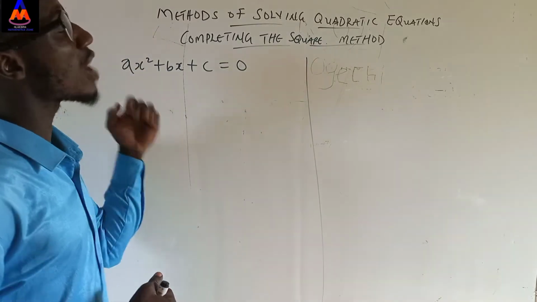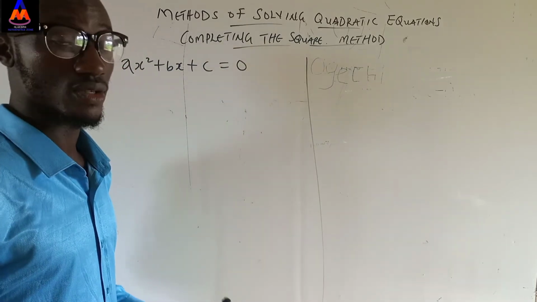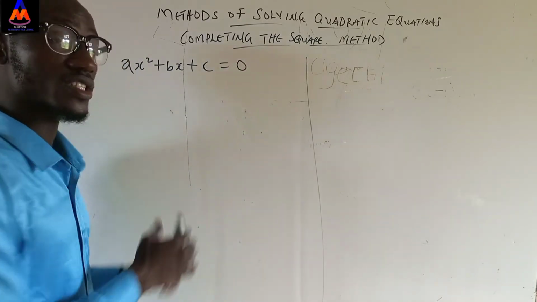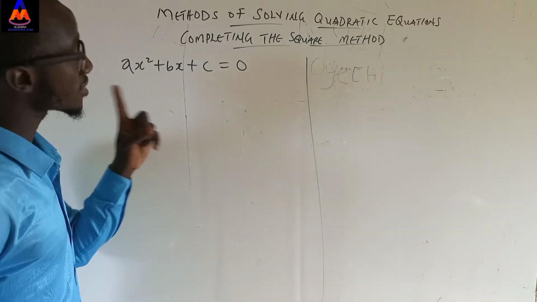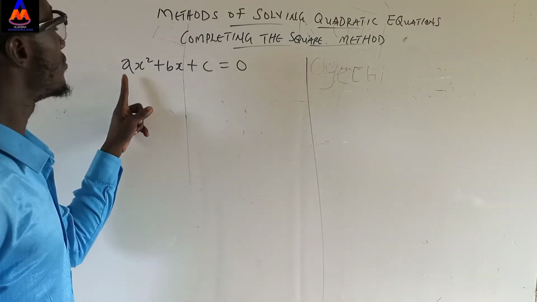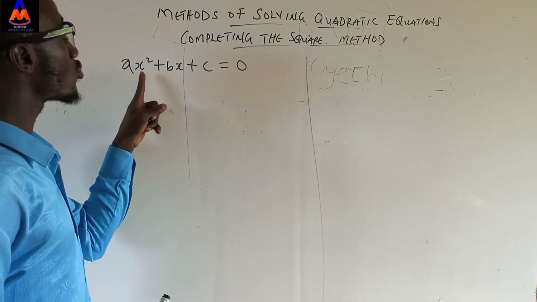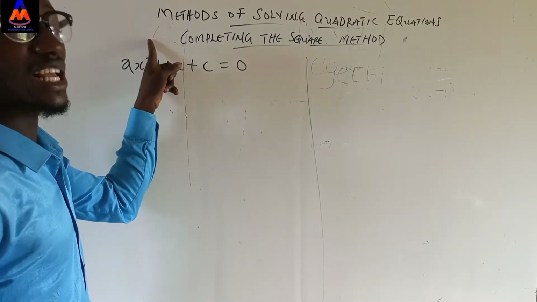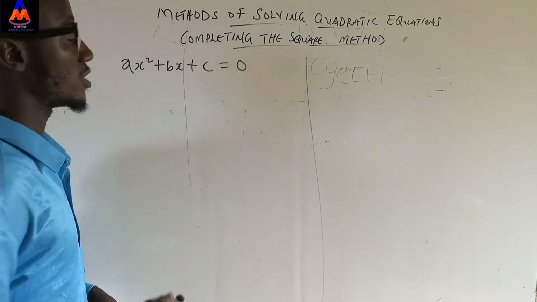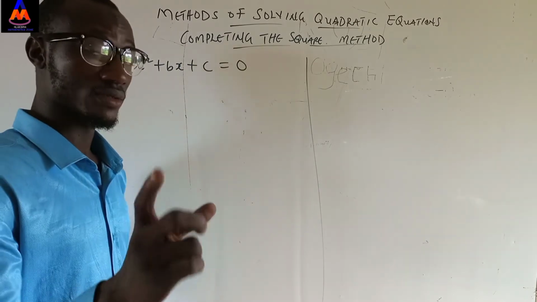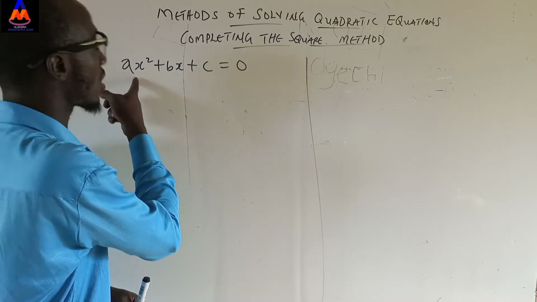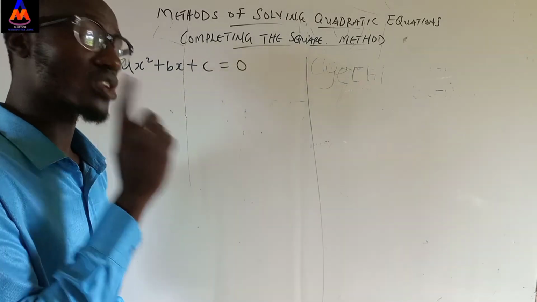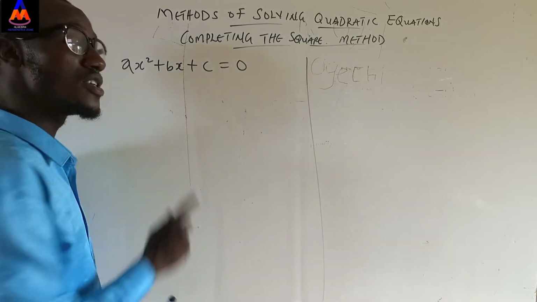If you are to use the completing the square method to solve any quadratic equation, there are some steps that you have to follow. The first step is to make sure that the coefficient of the highest power, which is x squared in this place, is 1. It is not minus 1. Even if you have minus 1 as a coefficient, you have to divide it so that the coefficient will be 1.